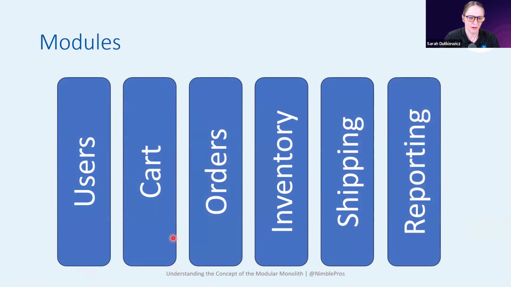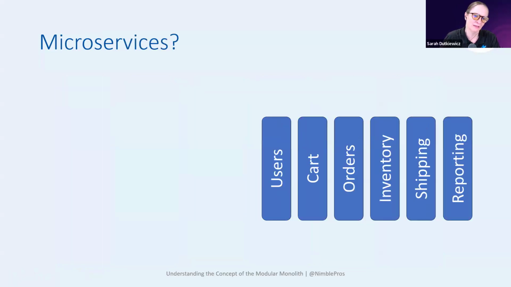Users, you have your cart. Remember I mentioned how you could have your cart on your users, and now you're like, this needs to be broken up. So I have different modules and orders, and inventory, shipping, and reporting. And Steve talks about these and had some code to show about that. And we'll show you where you can get that code, how you can sign up to get that.